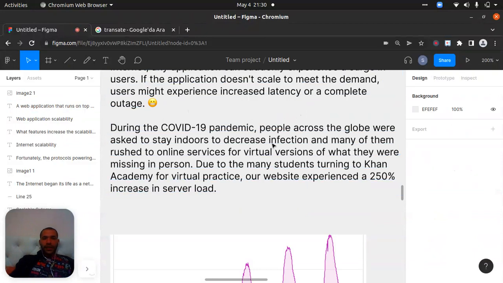During the COVID-19 pandemic, people across the globe were asked to stay indoors to decrease infection. Many of them rushed to online services for virtual versions of what they were missing in person.